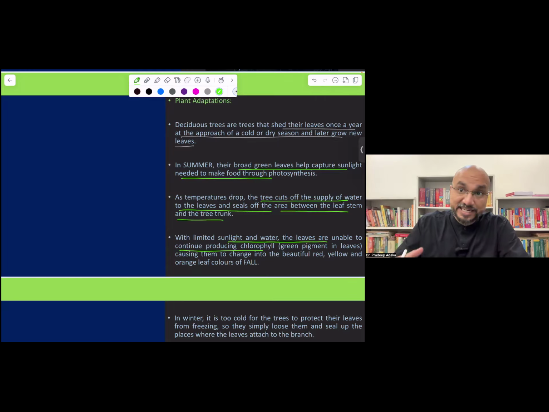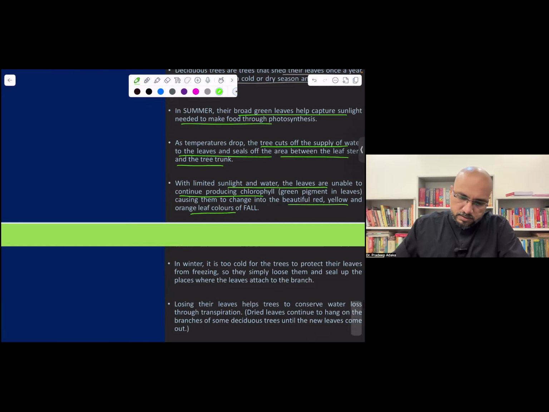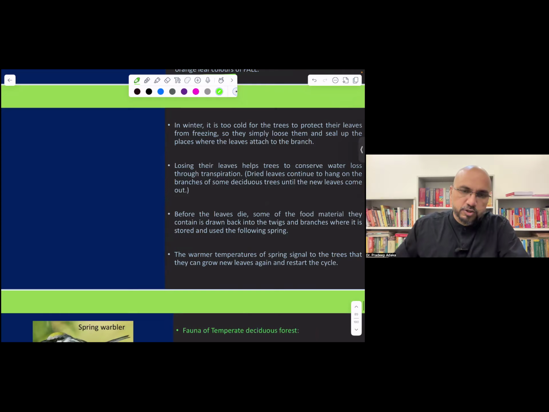That is why there is a change in color. Green leaves will turn yellow or orange, right? They will change into beautiful red, yellow, and orange leaves during the fall or autumn because of the stopping in the production of chlorophyll.